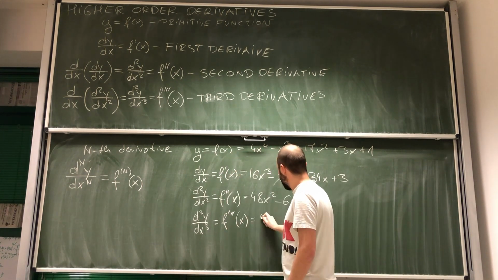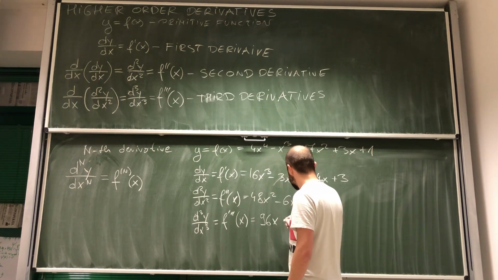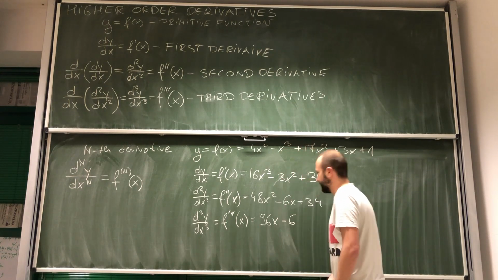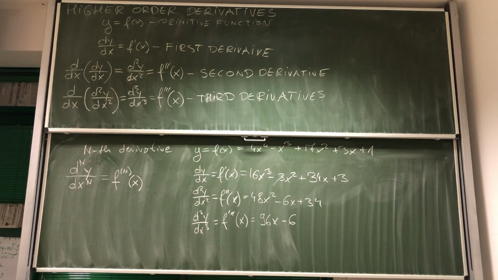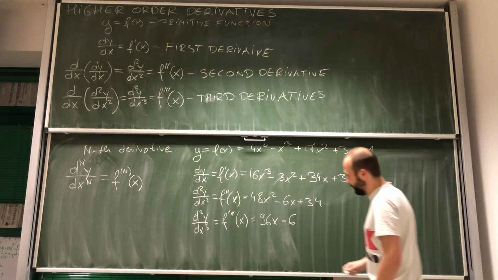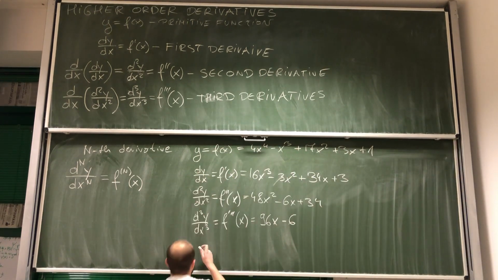Here we will have 96x minus 6. Then we can calculate the fourth derivative. And look, here nothing new is happening.